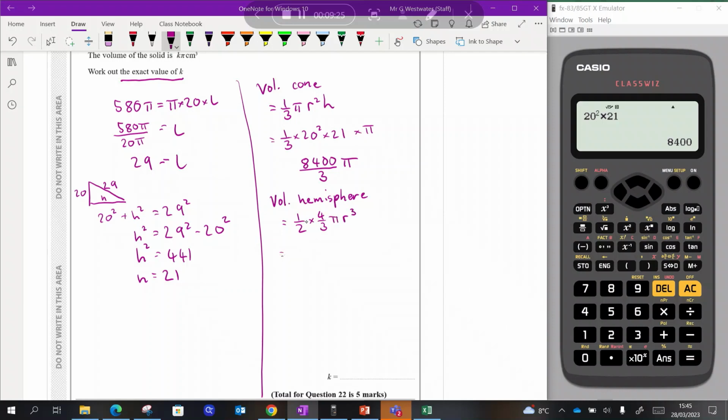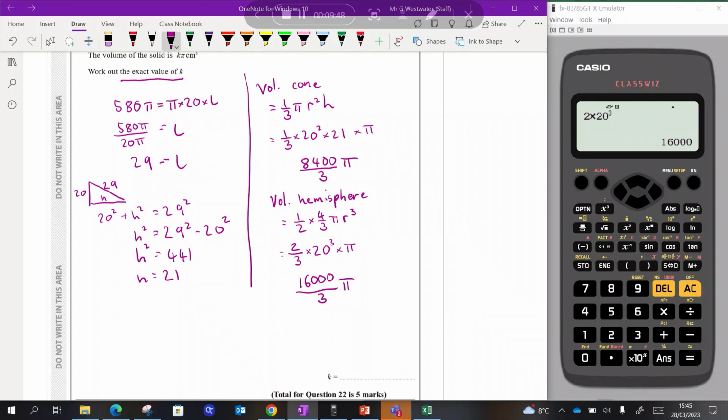So the 2 and the 4 will cancel out, so 2 over 3 times 20 cubed times pi. So 2 times 20 cubed is 16,000. So this will be 16,000 over 3 pi.